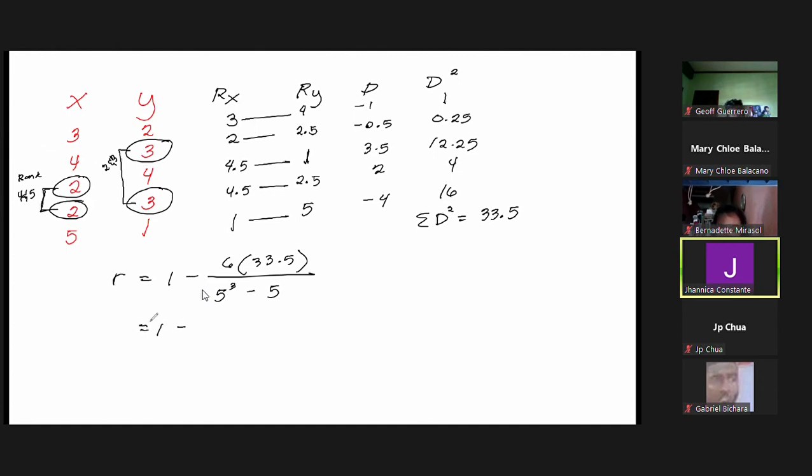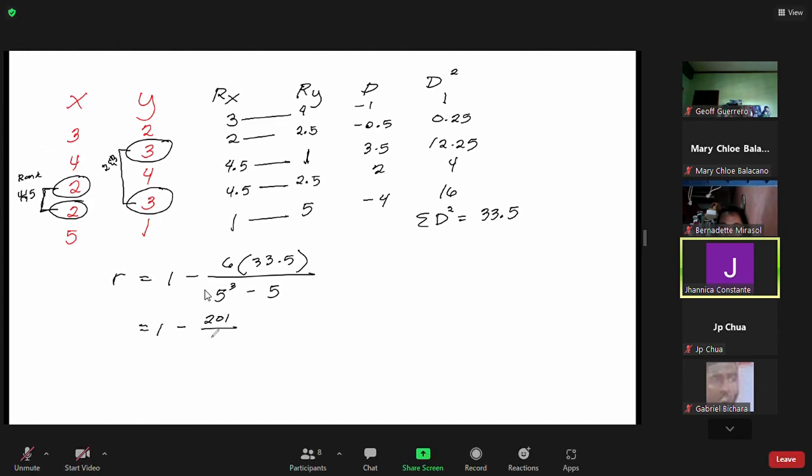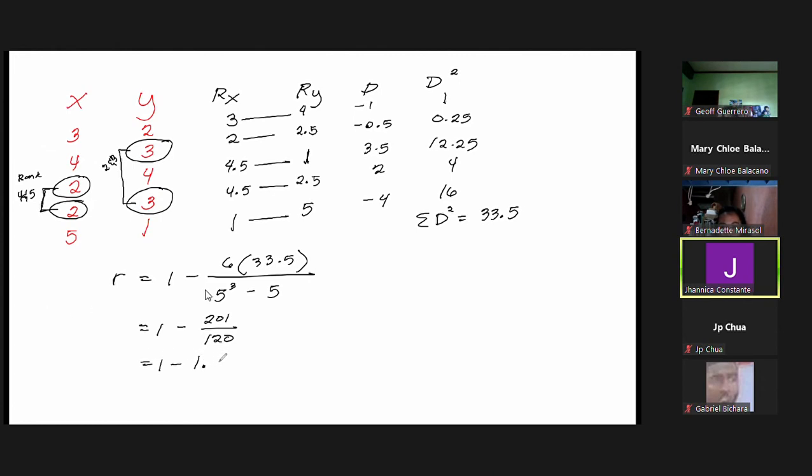So 1 minus 201 divided by 120 equals 1 minus 1.68. So the correlation is equal to negative 0.68.